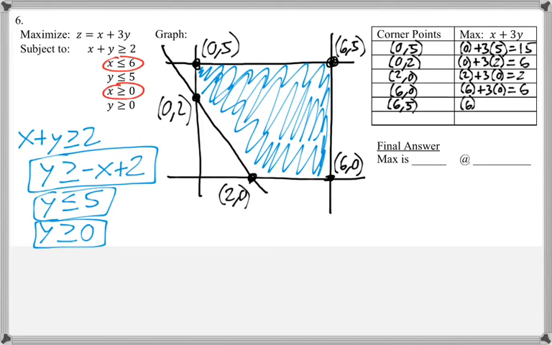And then 6 plus 3 times 5 is 21. So they are looking for the maximum, which is going to be 21. So the max is 21, and this occurs at 6, 5.